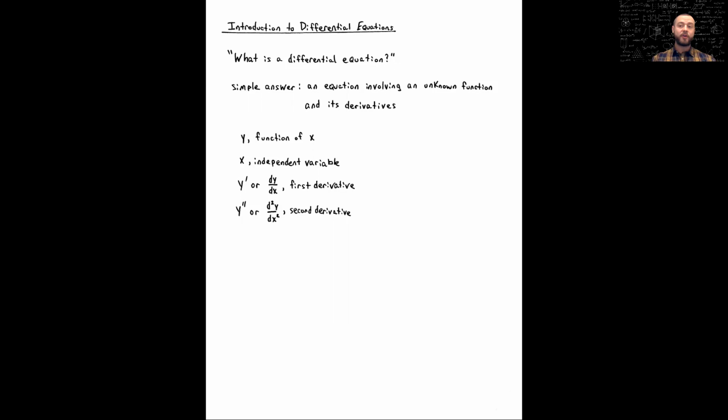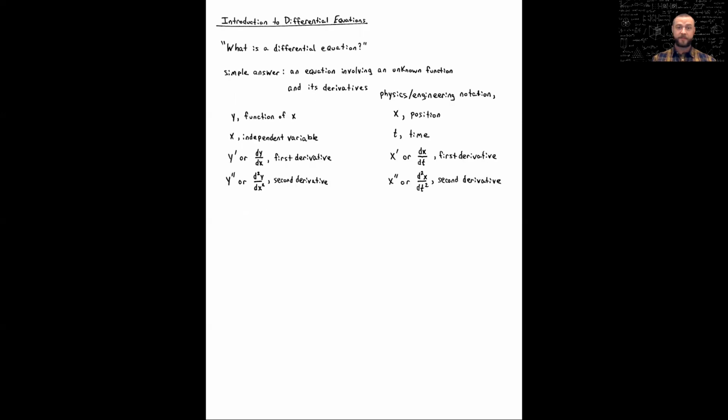If you look at any other resources on differential equations, they might have a physics or engineering perspective, in which case you might see the following notation. So instead of thinking of y as a function of x, you might encounter the position x as a function of time.